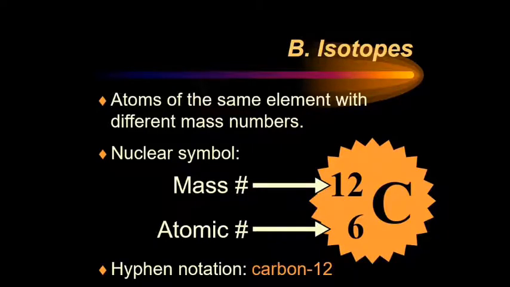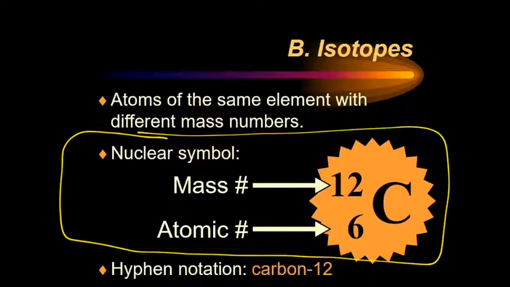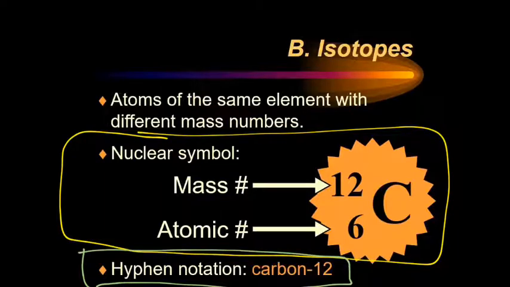We're going to work through several examples. So again, this is our nuclear symbol information here. At the bottom, they have changed that into hyphen notation. That is carbon-12. And again, you've just spelled out what the element is and the 12.